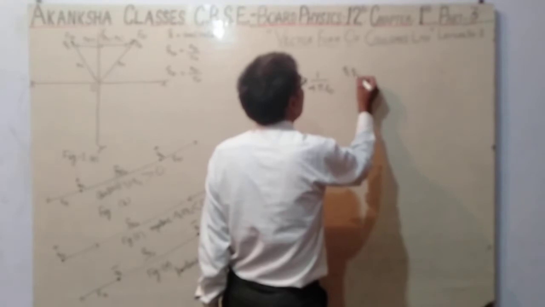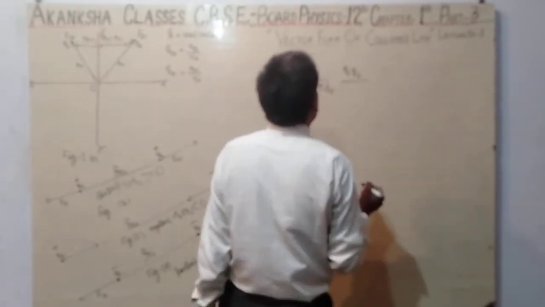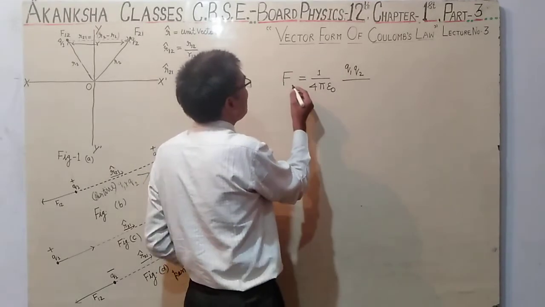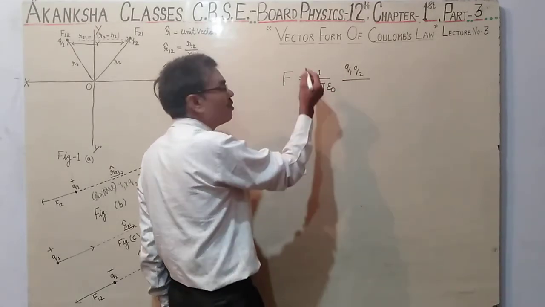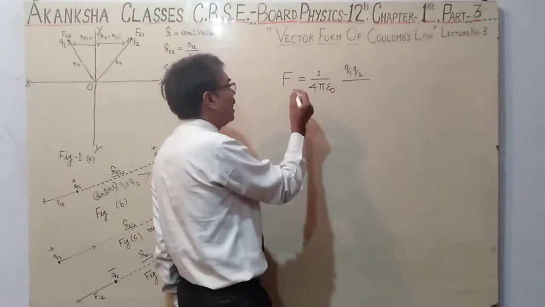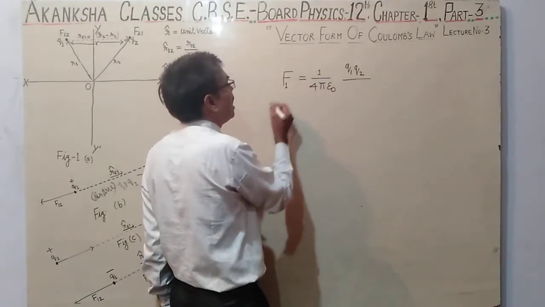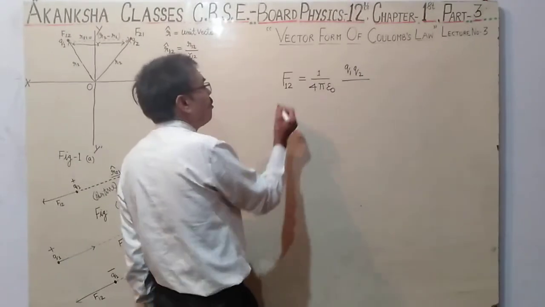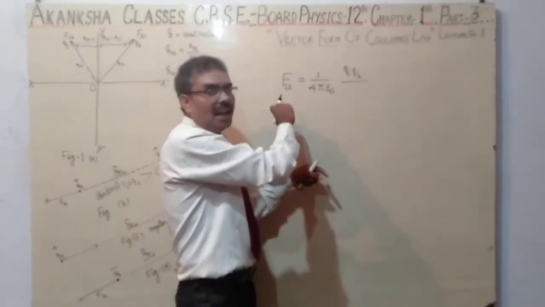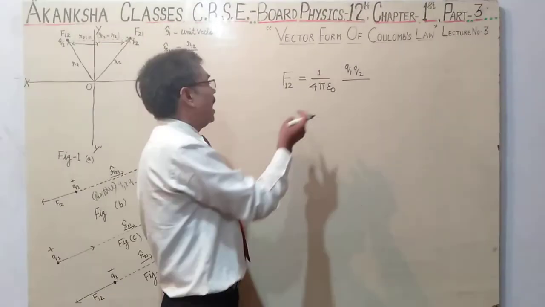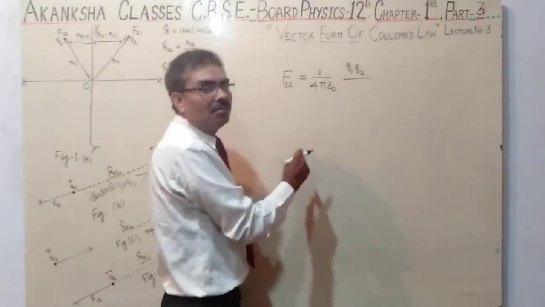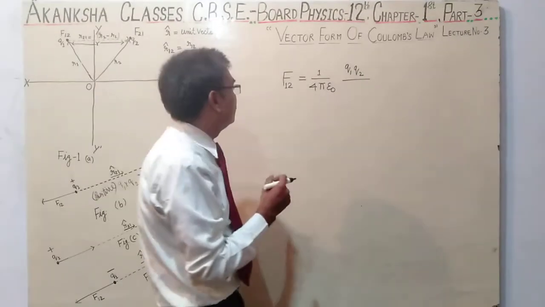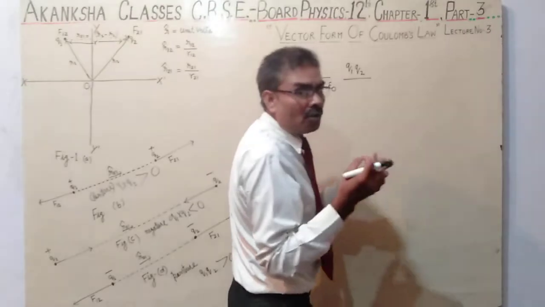Q1, Q2 by r squared. If I have to find the force acting on charge 1 due to charge 2, here the force acting on charge 1 exerted by charge 2. Here who received force?